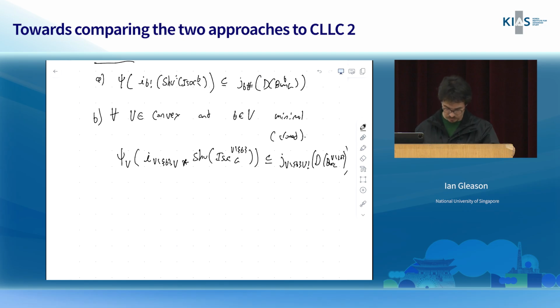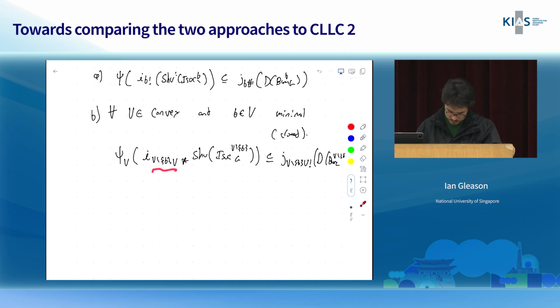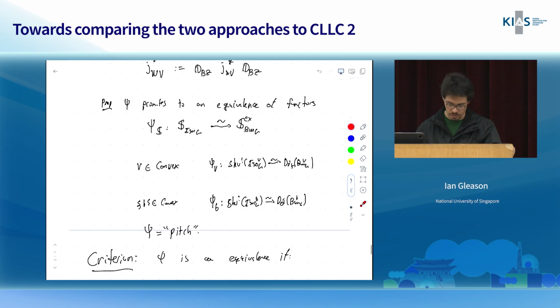Sorry, this wild string, the subscript, what is this? IV slash bracket curly B star? So I took a convex set, and I took a minimal element in it. Then I take B minus it. So this is an open subset. And then I can go from the open subset to the other set.